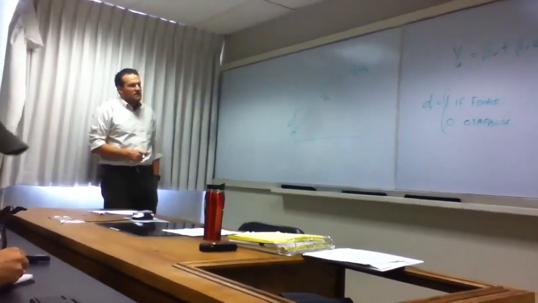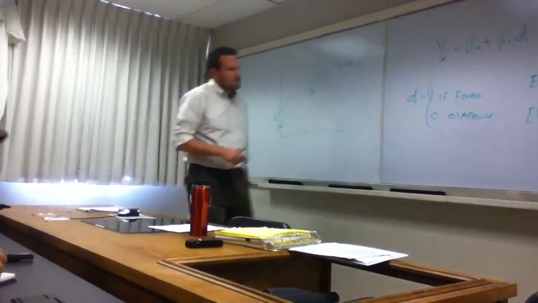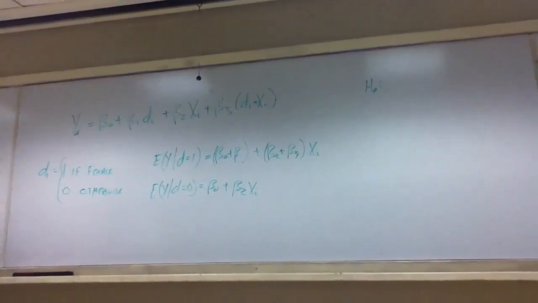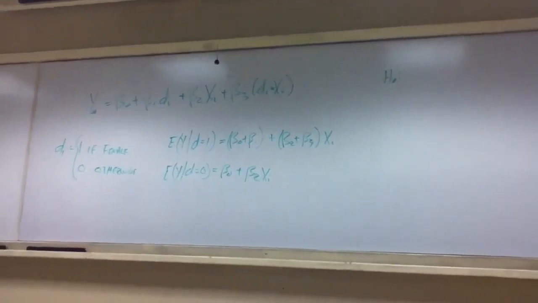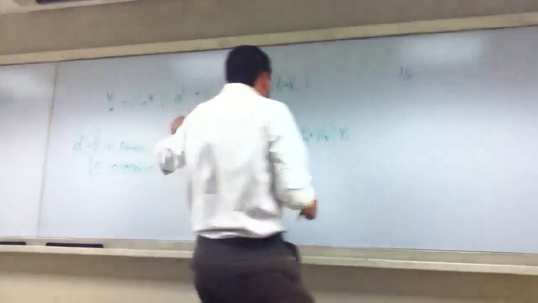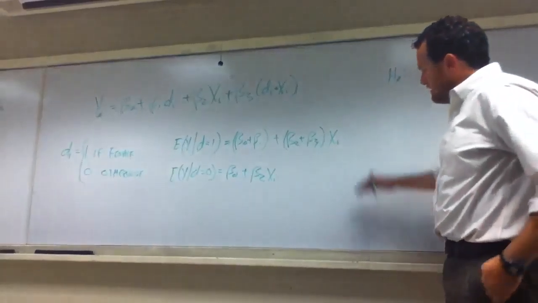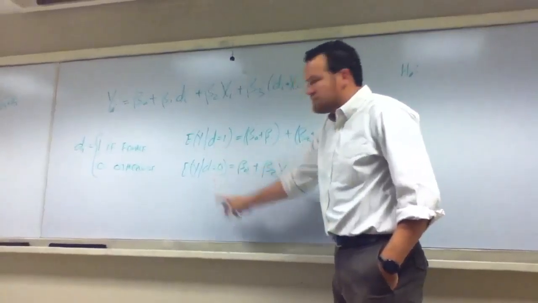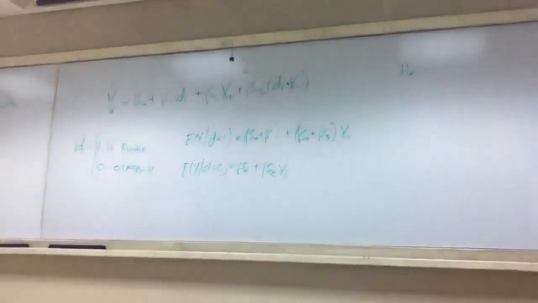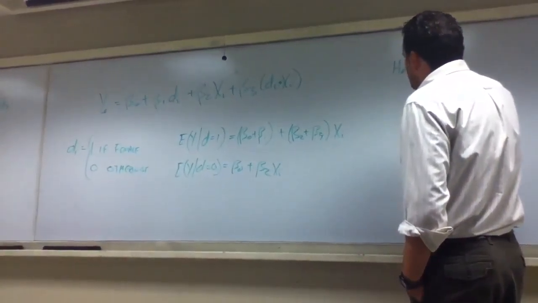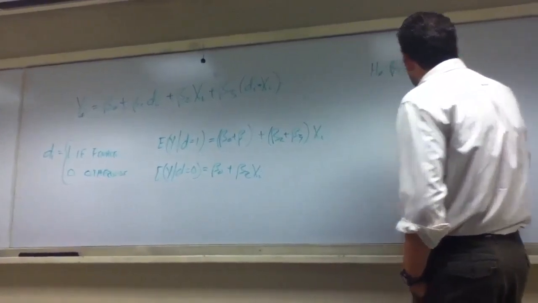One of the questions is, can you test whether the slopes and the intercepts are both different? So you have a joint hypothesis. These two equations should be the same, so whether d equals 1 or d equals 0 shouldn't matter. Your hypothesis is essentially that beta 1 and beta 3 are both jointly equal to 0.